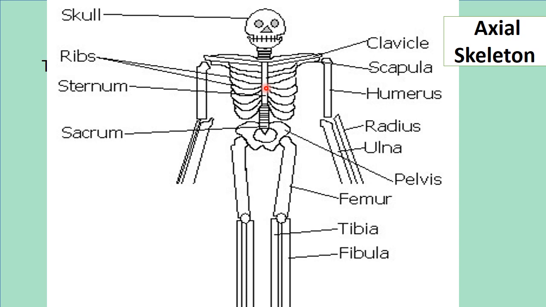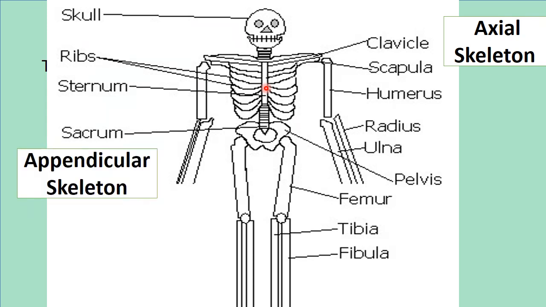The rest of the bones on this diagram make up what is called the appendicular skeleton. So all these here make up the appendicular skeleton. The axial skeleton refers to the bones that are in the middle of the skeleton: the skull, the sternum, the backbone.